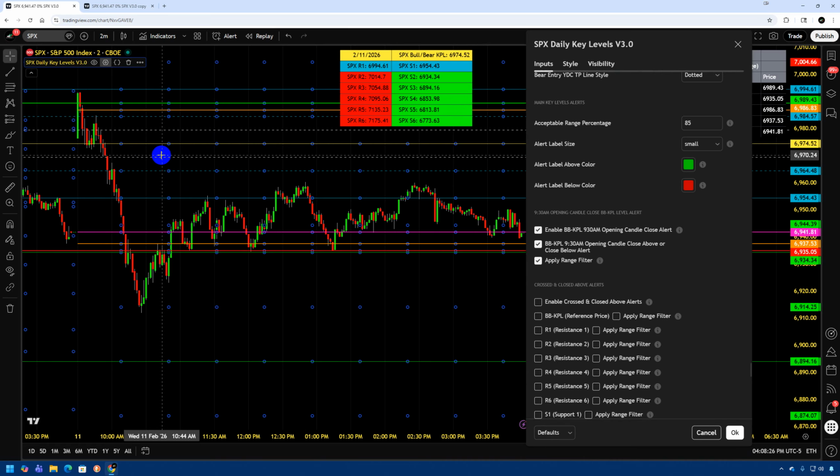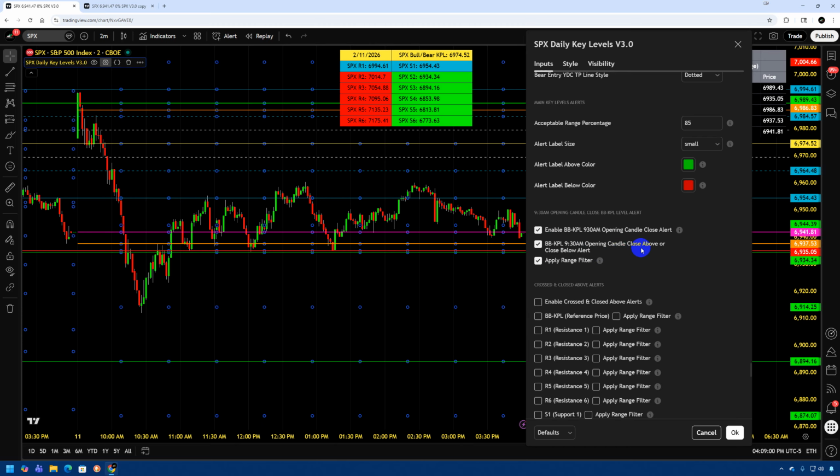What that means is that if this is turned on to 85%, the closing price of this opening candle, the close has to be 85% or less than the distance between the BBKPL and R1, or the BBKPL and S1 on a close below.